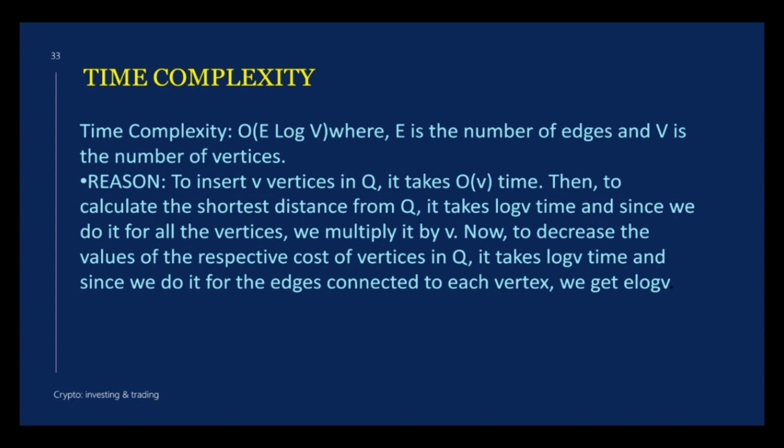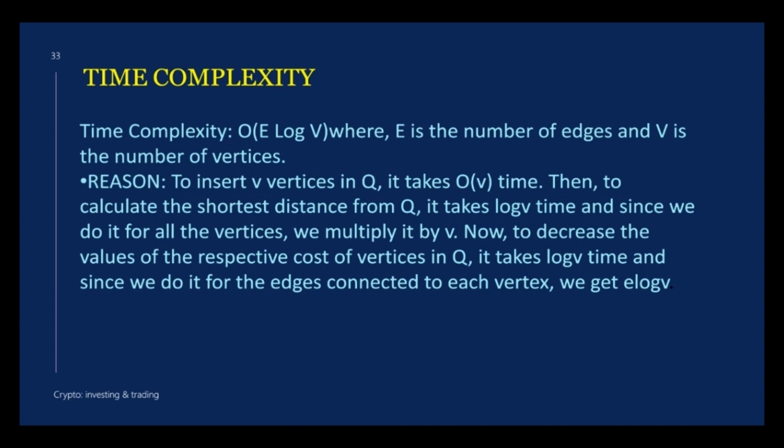Next, once we found out the node of the least cost, we have to also find out the cost of its neighbors. More the edges, more the neighbors, because the neighbors are attached to this particular node through edges. To find out the respective cost of vertices, and again to update the cost in Q, it takes log of V time.